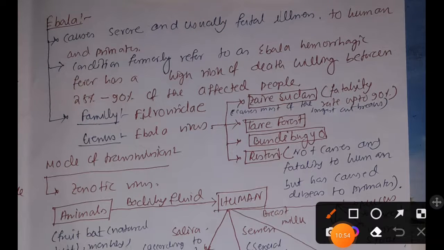It is from the family Filoviridae and genus Ebolavirus. Ebola virus has 4 species: Zaire, Sudan, Tai Forest, Reston, and Bundibugyo. Among them, Reston does not cause any fatality to humans, and Zaire is the most dangerous one.